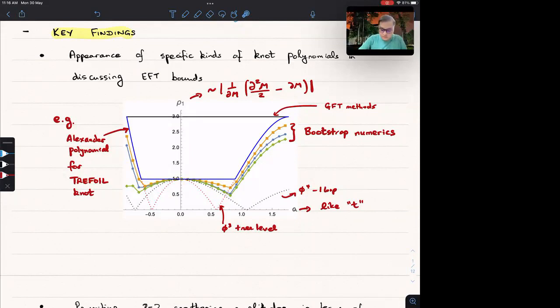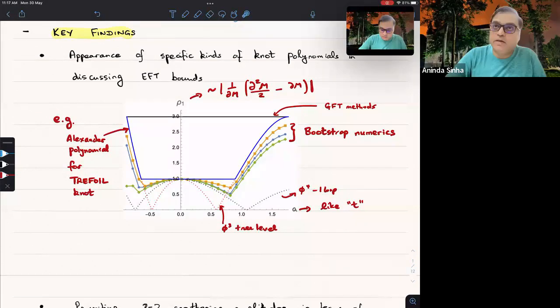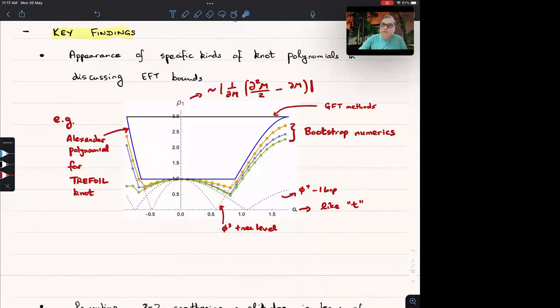If you have the 5.4.1 loop and you make a sort of LSZ expansion, then you would have various particles of various masses contributing to the tree level exchanges.